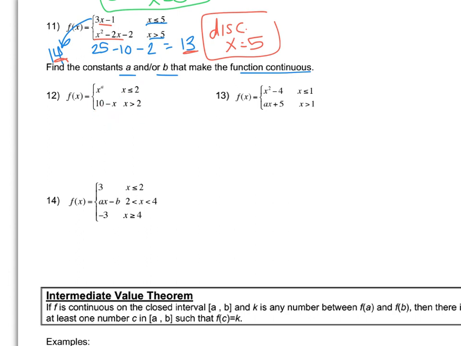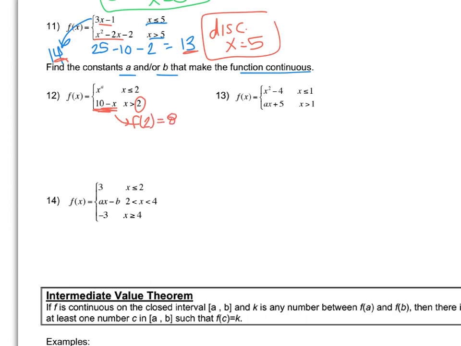So how would we figure out what that value of a has to be? Since we already know the exact function for the second piece, we know what it is going to do at 2. If we plug 2 in here, it would just be 10 minus 2. So the second one has f of 2 equals 8.